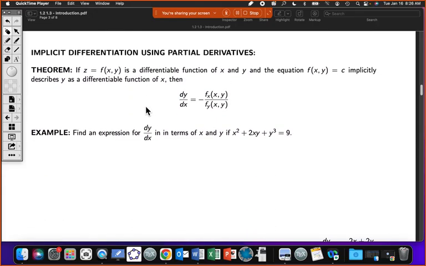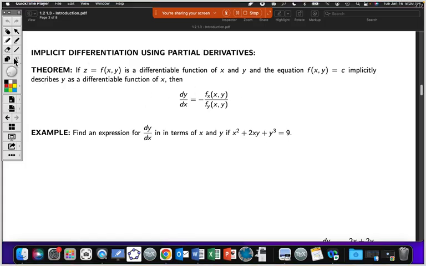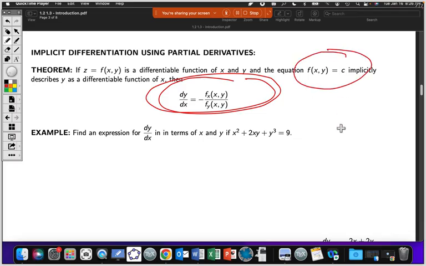Now, we are going to have an occasion next week to look at the partial derivative of something with respect to y. But where we are really going to be using the partials this week is in this formula for implicit differentiation. So if you have a curve, f of xy equal a constant.